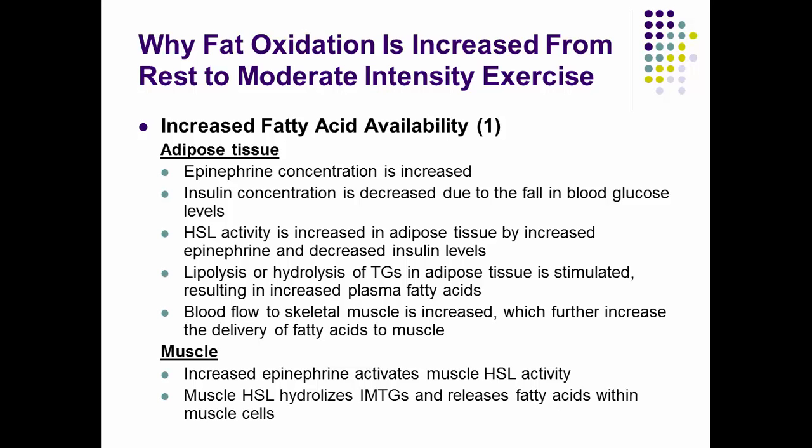With a similar mechanism, the catecholamine can also stimulate HSL inside the skeletal muscle to hydrolyze the triglyceride and release fatty acids. So all this together increases fatty acid availability during this early stage of exercise. Any questions about this process?